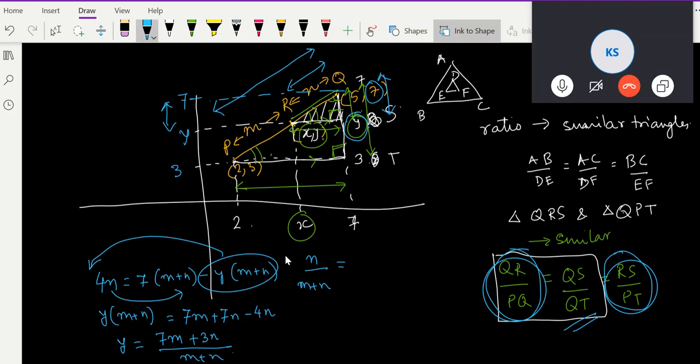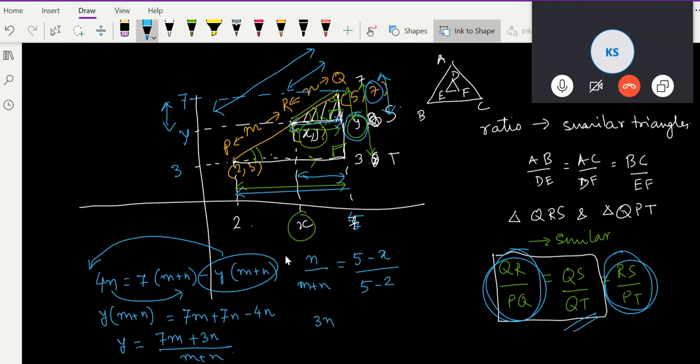RS should be 5 minus x, correct. And what is PT? PT should be 3, 5 minus 2, correct.